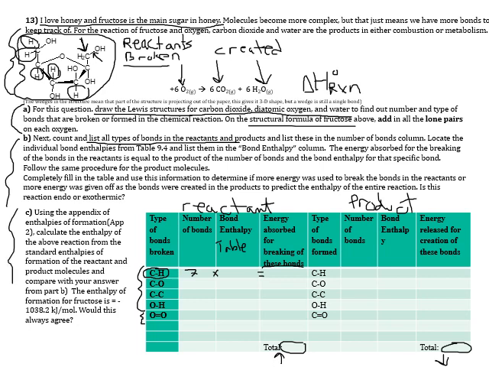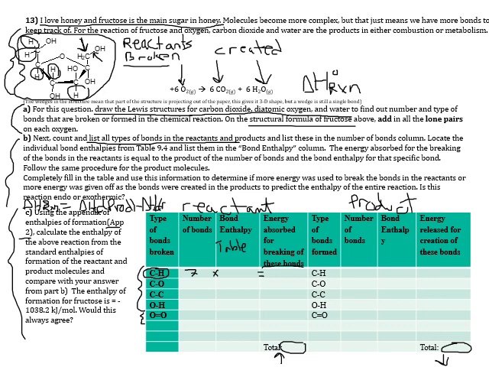And then part C is now using Appendix 2, just like we did in Chapter 6, to determine an enthalpy of reaction by using the delta H of formation from Appendix 2. If you remember, the direct method to get an enthalpy of a reaction using Appendix 2 is finding all those values, and then it's equal to the enthalpies of formation of the products minus the enthalpies of formation of the reactants.